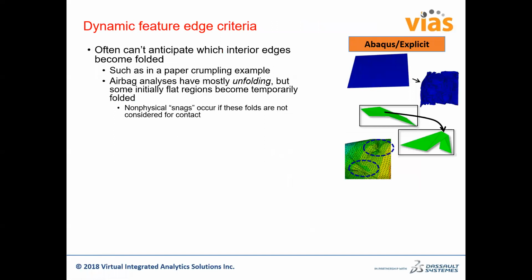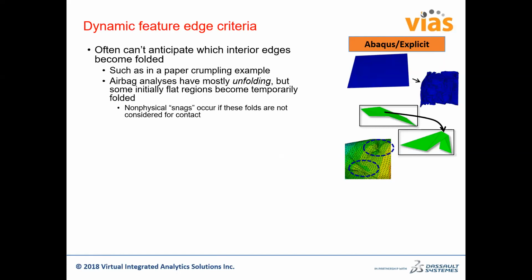Right, we have another enhancement in Explicit, about dynamic feature edge criteria. When you specify contact in Explicit, you can specify edge to surface contacts, and the definition of an edge is based on the angle the two surfaces create at that particular intersection. Now, whatever edges are included at the beginning of the simulation remain constant.